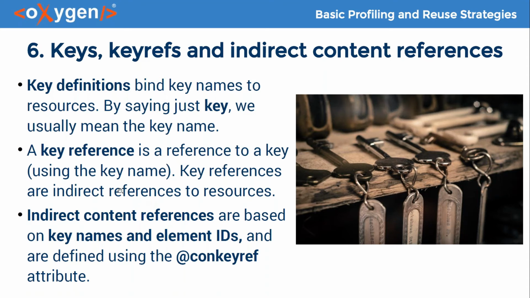Indirect content references, which are based on key names and element IDs, are defined using the conkeyref attribute. So now we use key names, we use keys which are bound to specific topics, to the topics where we have our reusable components, instead of using file paths.